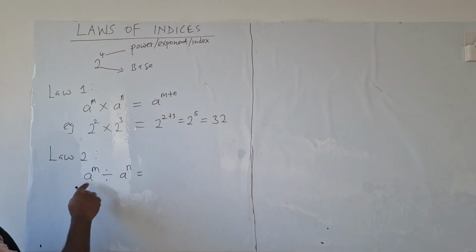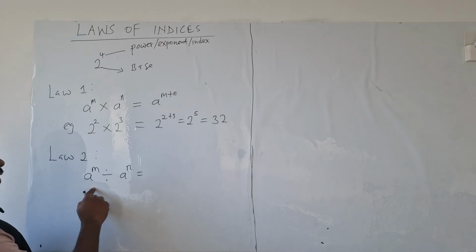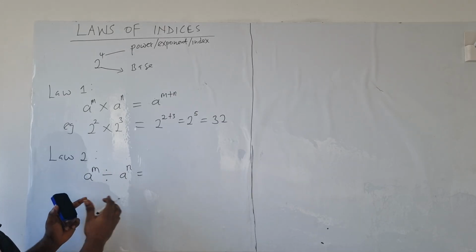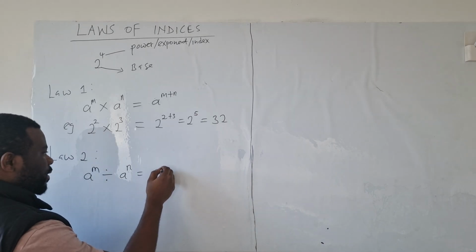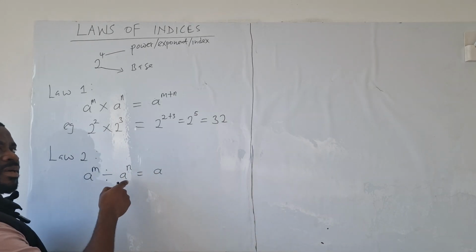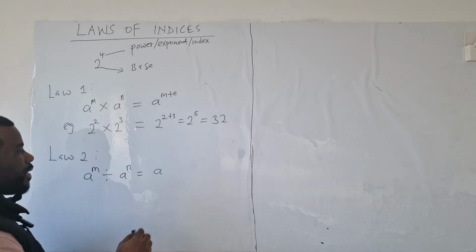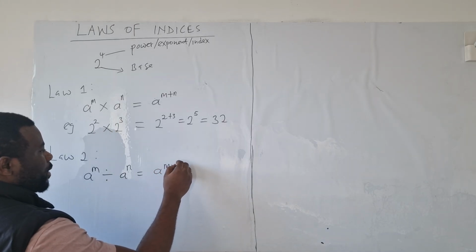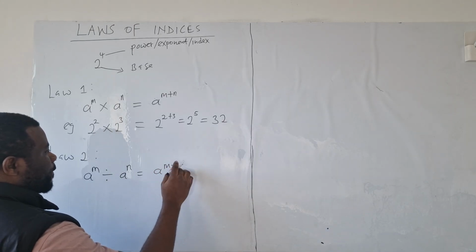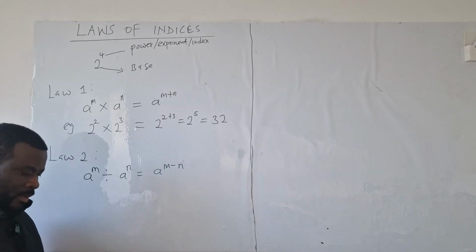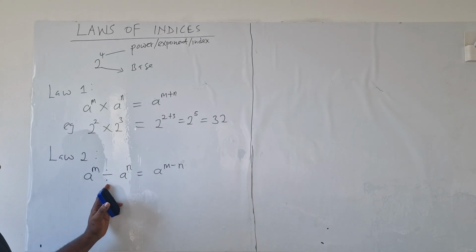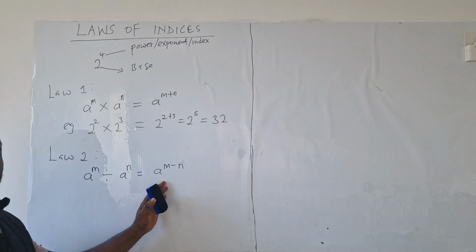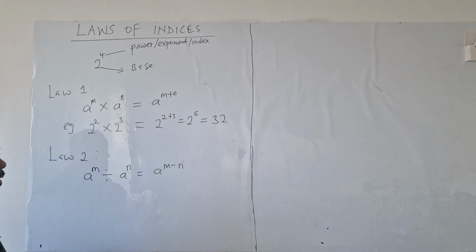Same way, we have same bases here, base a, base a. So if two index numbers are dividing each other with a common or same base, the law says that we can take one of the common base a, and what do we do to the powers? We subtract the powers as m minus n. So for multiplication, take one base, add powers. For division, we take one of the common base, and then we subtract powers.